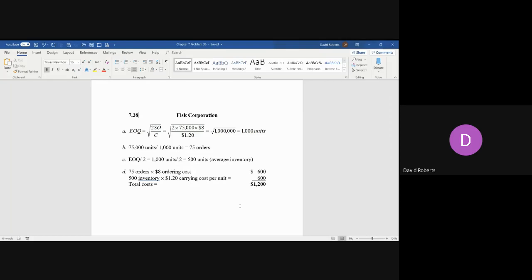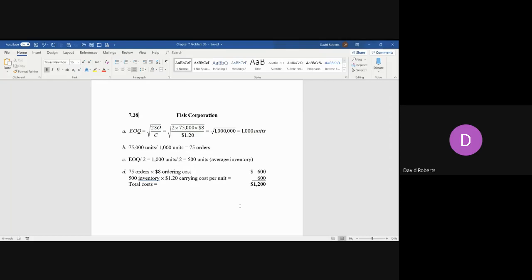So this is not really an analysis part of the course. This is simply plug those numbers in the formula, calculate. In this particular case, in problem number 38, it asks us to calculate EOQ. So you take the variables, and that's a 2, not a Z or something like that. It is just the number 2, and it is a constant.